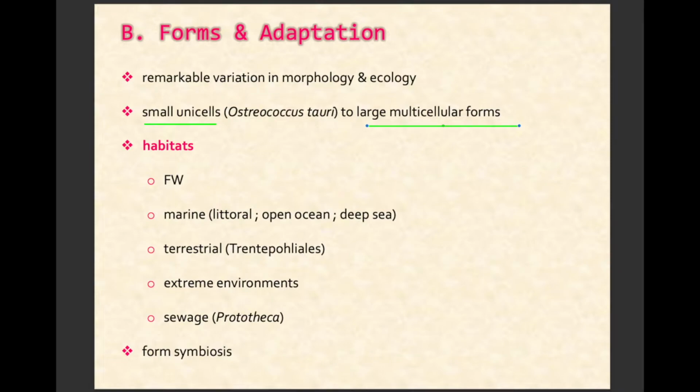As you can see in the first slide, these can cover an entire freshwater habitat. I don't know if that's a form of algal bloom, but the man in the first slide is swimming in green algae. In terms of habitat, they can be found from freshwater to marine, in littoral areas, in the open ocean, and even in the deep seas.